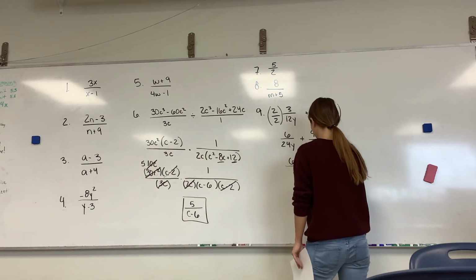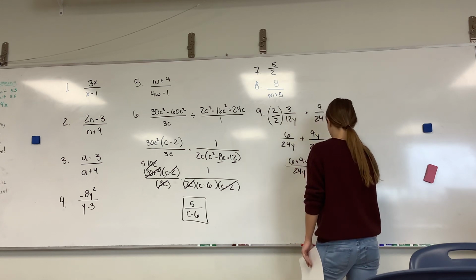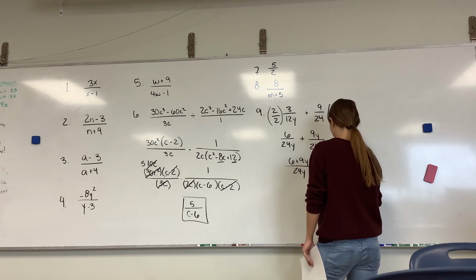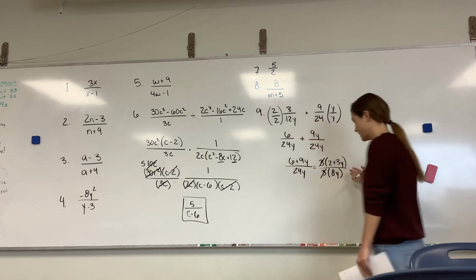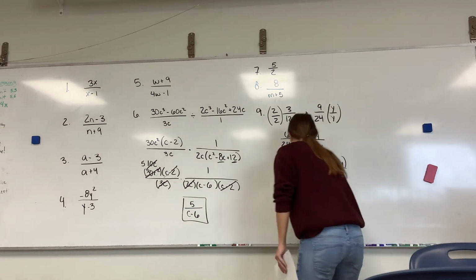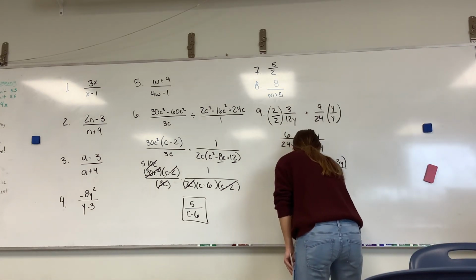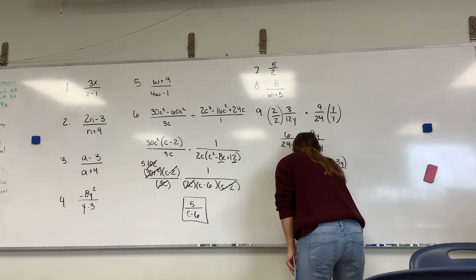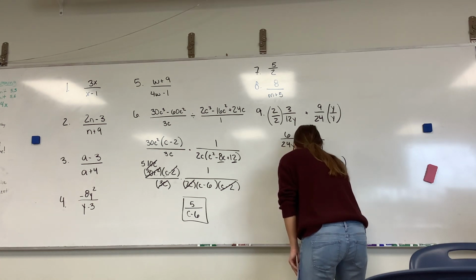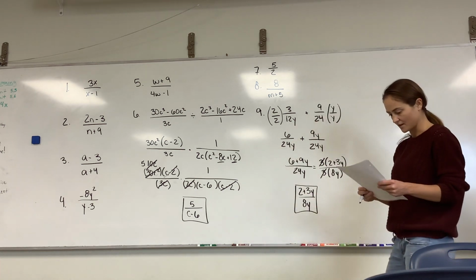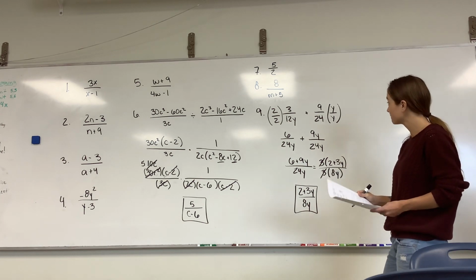So I'm going to pull out 3, and I get 2 plus 3y all over 3, 8y. The 3's will cancel, and I am left with 2 plus 3y all over 8y. And that is reduced as much as I can get it.